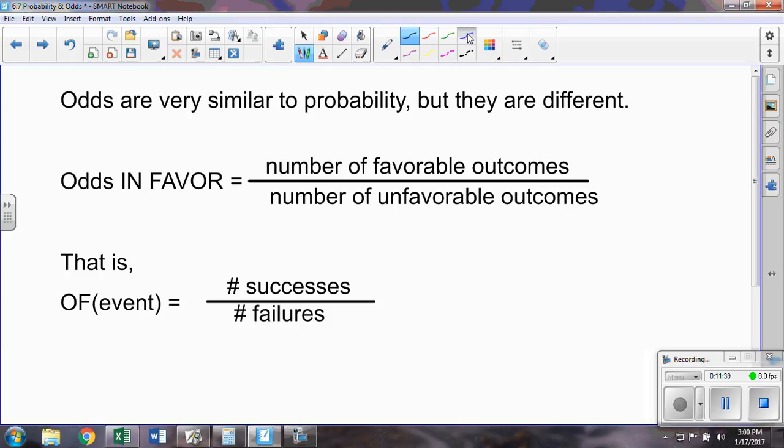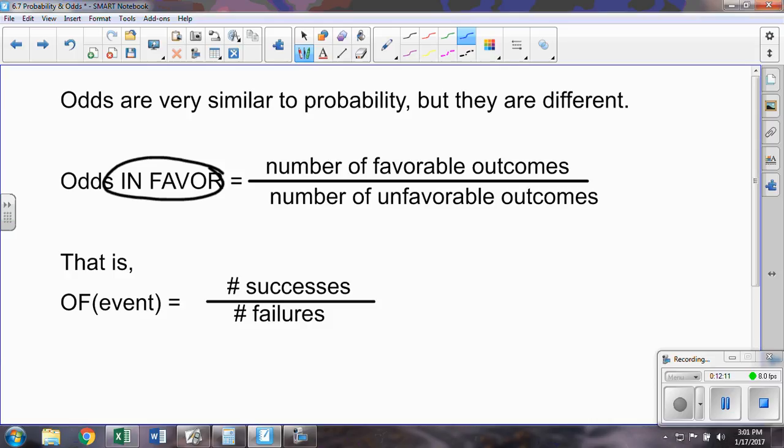When we are looking at the odds in favor of something, it's actually favorable outcomes over unfavorable, or more simply, your number of successes over the number of failures. Not successes over total, successes over failure. Just as easy to calculate, but you have to make certain that you are paying attention to what the definition is. And it gets compounded a little bit because there's another type of odds as well.